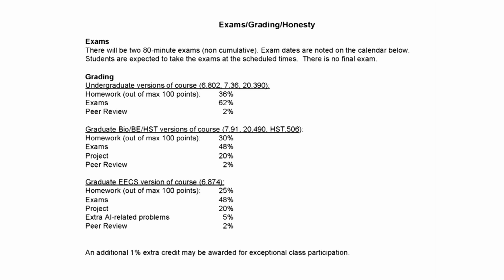For the graduate Bio-BE HST versions, it's 30% homeworks, 48% exams, 20% project, 2% peer review. For the EECS version, 6874, 25% homework, 48% exams, 20% project, and then 5% for these extra AI-related problems, and 2% peer review, and those should add up to 100.